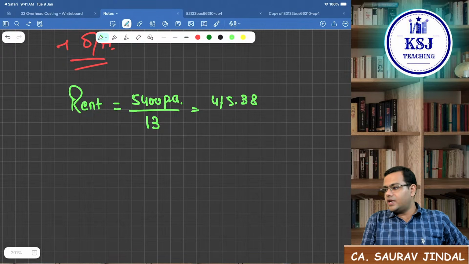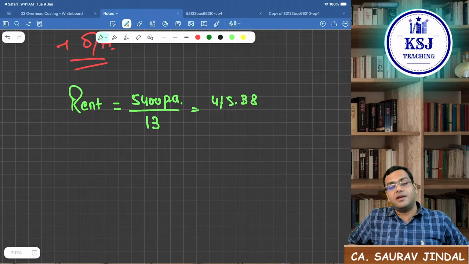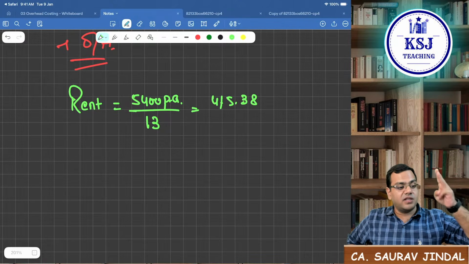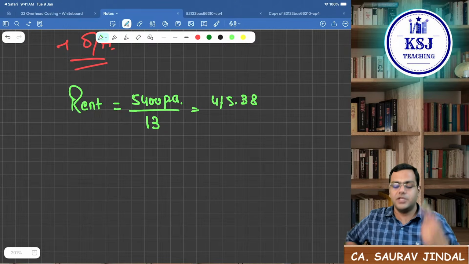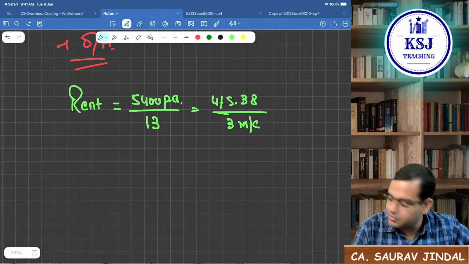Now, is this your answer for the rent? No, sir. The rent is given 5400 per annum for all the 3 machines. They are asking for the machine hour rate to be calculated for just 1 machine. So you will divide this value further by 3 machines.